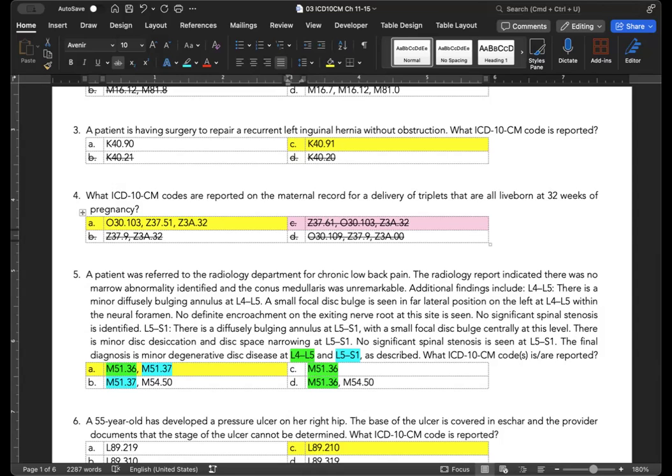I have heard so many students, even students of Legacy, say, I thought I had a handle on this, and then I did 1 through 3, and they scored a little bit lower because they are a little bit more specialized, a little bit more difficult. However, if you can at least get a 70-75% on 1 through 3, then you're going to walk into your exam and think that your CPC exam is a piece of cake.